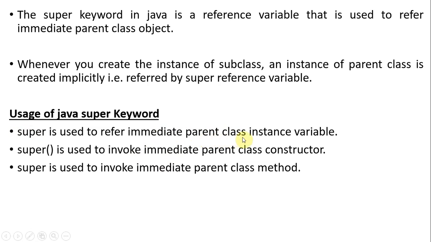So parent class instance variables, parent class constructor, parent class method: to represent all these things we have the super keyword. To represent the instance variable we use super, to represent the immediate parent class constructor we use super with parentheses, and to invoke or call a method we use super.